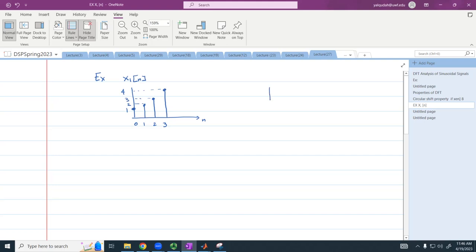And another signal, x2 of n, has a value of 2 at 0, and then a 3, and then a 1.